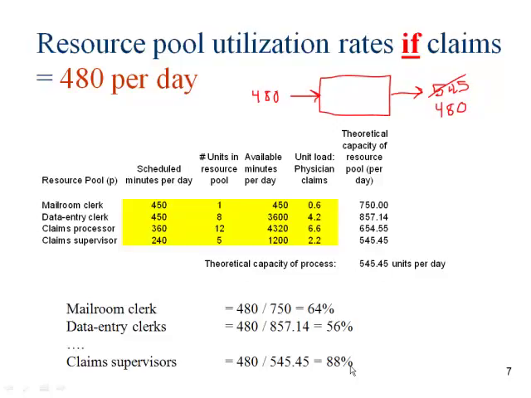If the claims supervisors is the most highly utilized resource pool, then chances are it's also going to have the longest queue of work in front of it, probably the longest waiting times, etc. It's probably the one resource pool that's in danger of being on the bubble where utilization levels become so high that waiting times become inordinately long in front of that step. So again, just through this example, we're pulling together what we've already talked about across the past couple of lectures.